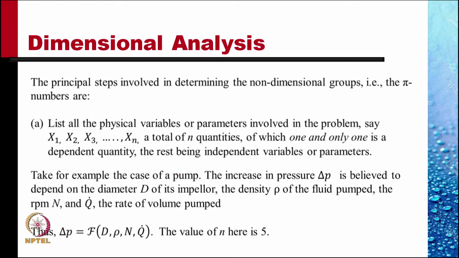So we can write delta P as a function of d, rho, n, Q dot. Here the value of n is 5. There are 5 parameters involved. One of them, delta P, we treat as the dependent parameter, and the other 4 are independent parameters.